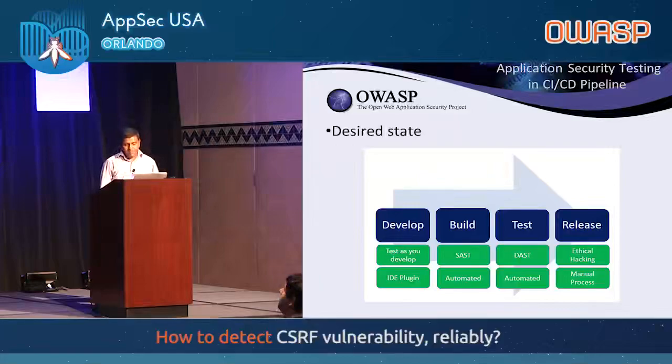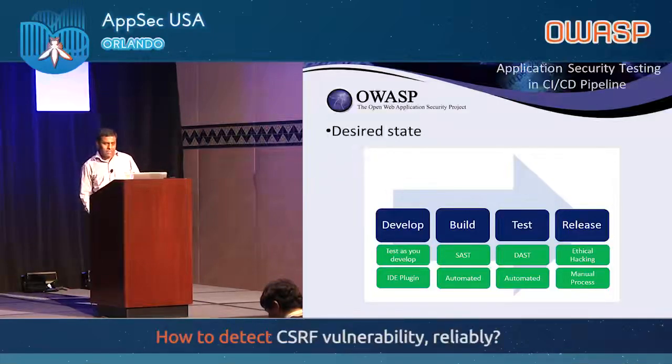But at that time, we really didn't have much in terms of having stuff on the left. We did have some static analysis process going on, but besides that, there was not much else.